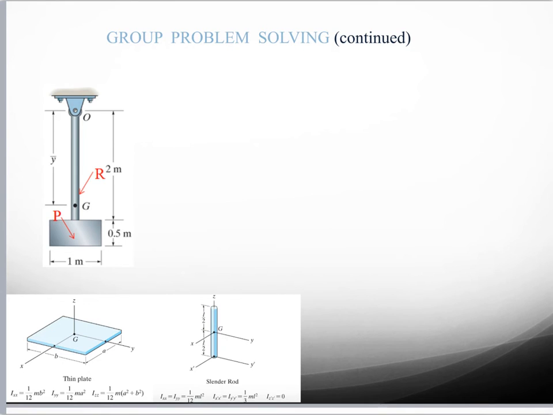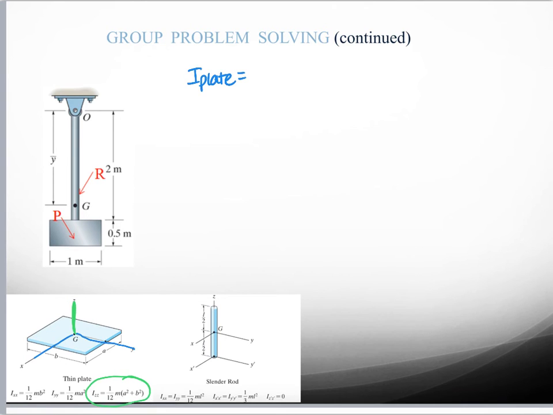So now we're going to do the plate. And the other thing is we're usually used to the axes lying in the plane of the object, like this x or y axis. But we're actually thinking about an axis that would correspond to the z-axis.